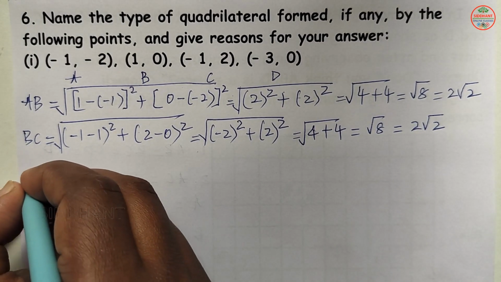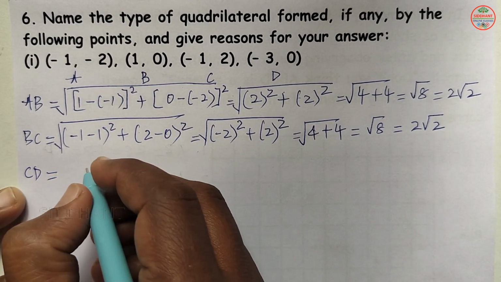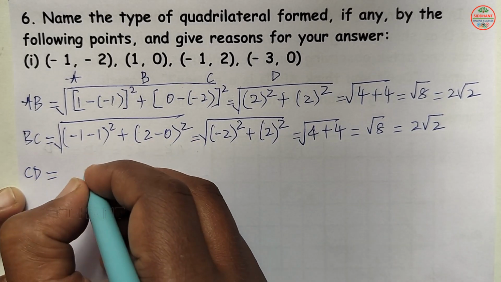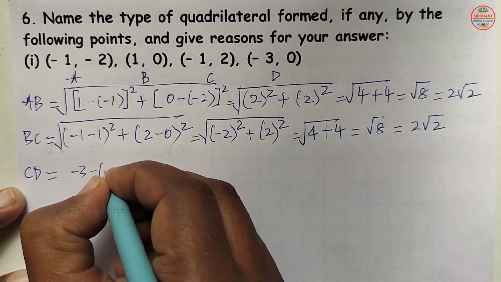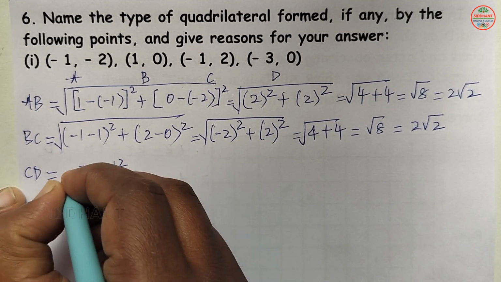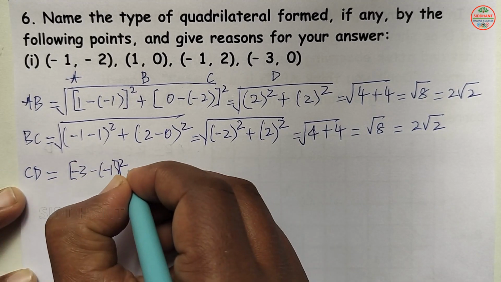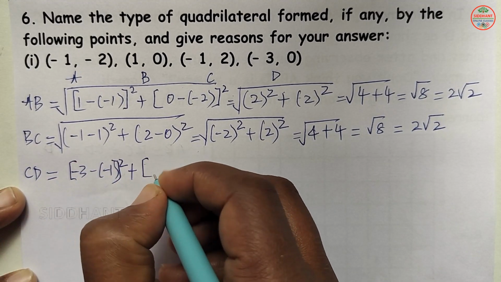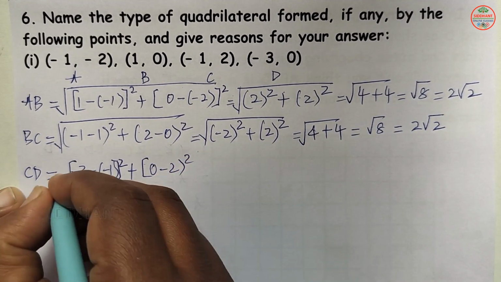Next we are going to see CD. So x2 minus x1, which will be minus 3 minus of minus 1, whole square, plus y2 minus y1, which will be 0 minus 2, whole square.